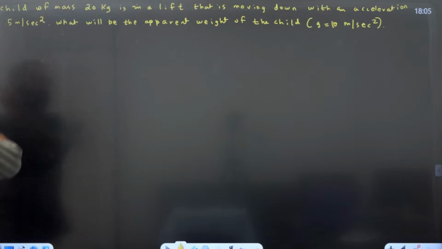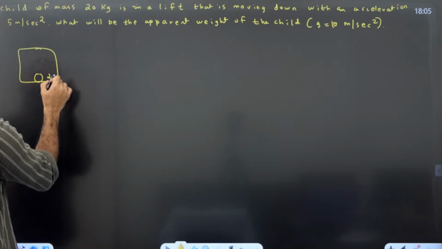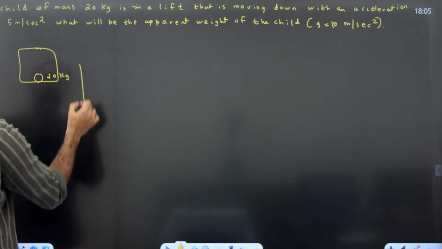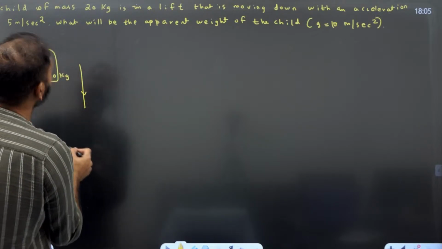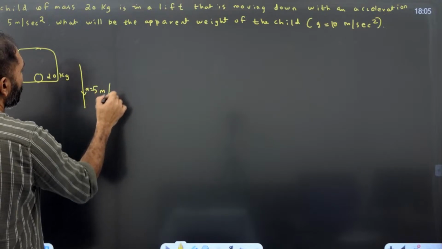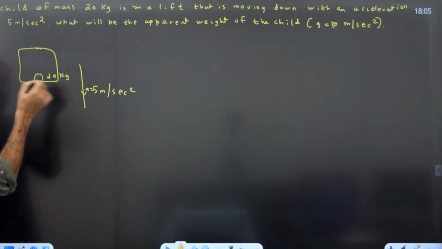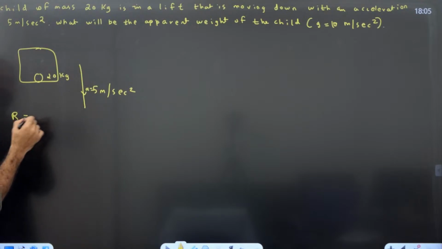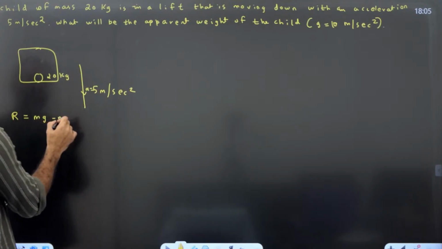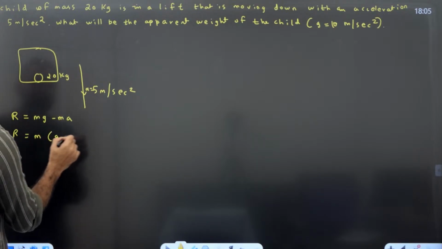See, the child's mass is 20 kilogram. It is accelerating downward with an acceleration of 5 meter per second square. What will be the apparent weight? When the lift accelerates downward, apparent weight is equal to mg minus ma, or you should write m into g minus a.